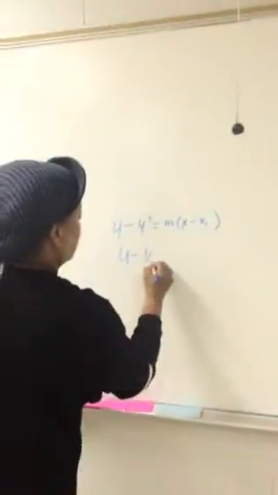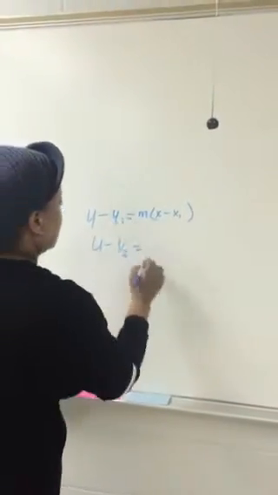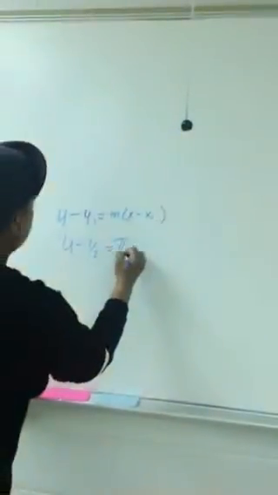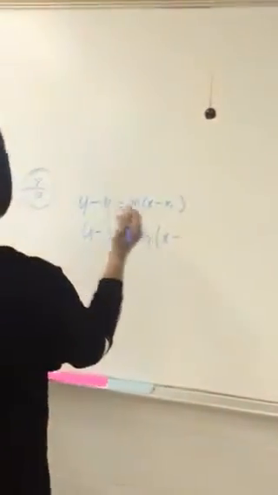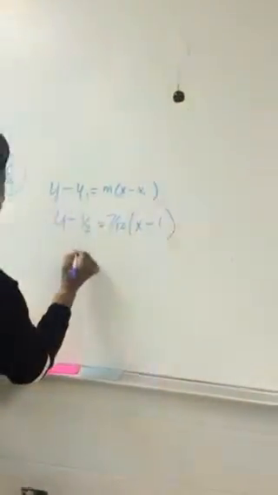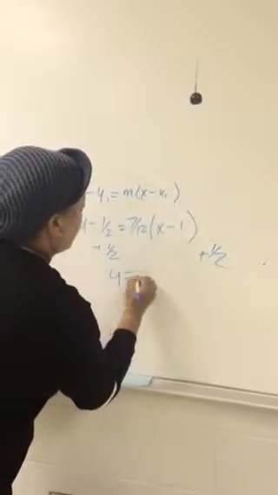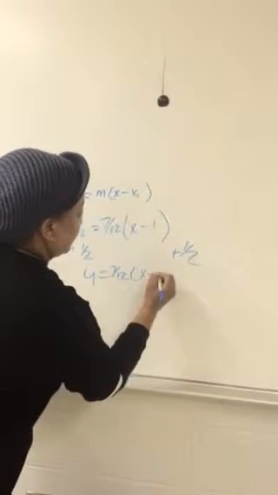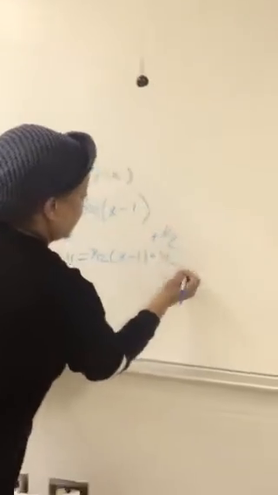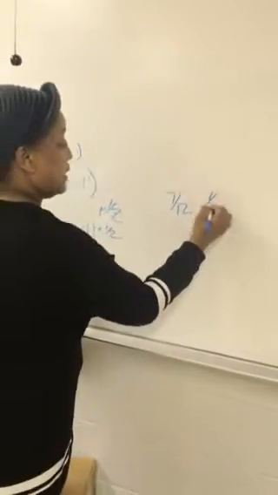So y minus y1, 1 half, is equal to the slope, 7/12, times x minus x1, which is 1. And so we have to find a common denominator between 7/12 and 1 half.